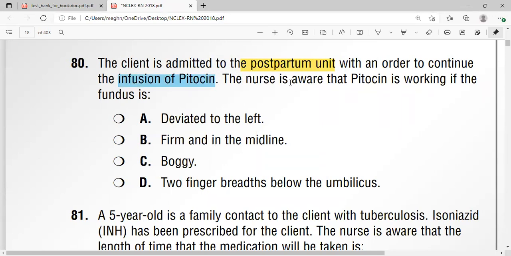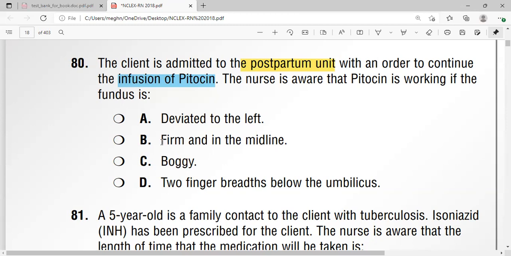The nurse is aware that Pitocin is working if the fundus is A, deviated to the left, B, found in the midline, C, when the uterus is boggy, D, two fingers below the umbilicus.